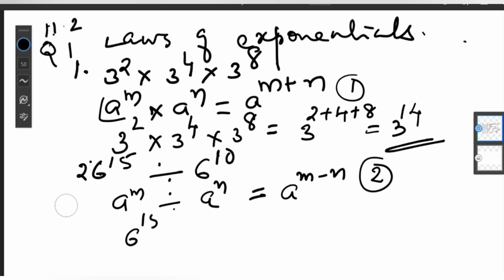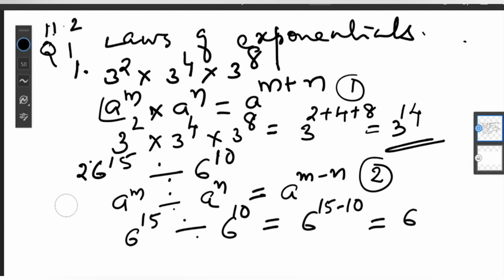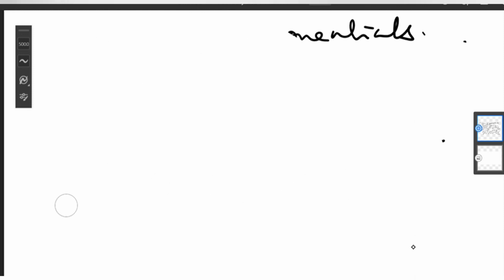You should note that down separately in your notes. So the question given here: 6 to the power 15 divided by 6 to the power 10 is equal to 6 to the power 15 minus 10, which is 6 to the power 5. So our answer is 6 to the power 5.